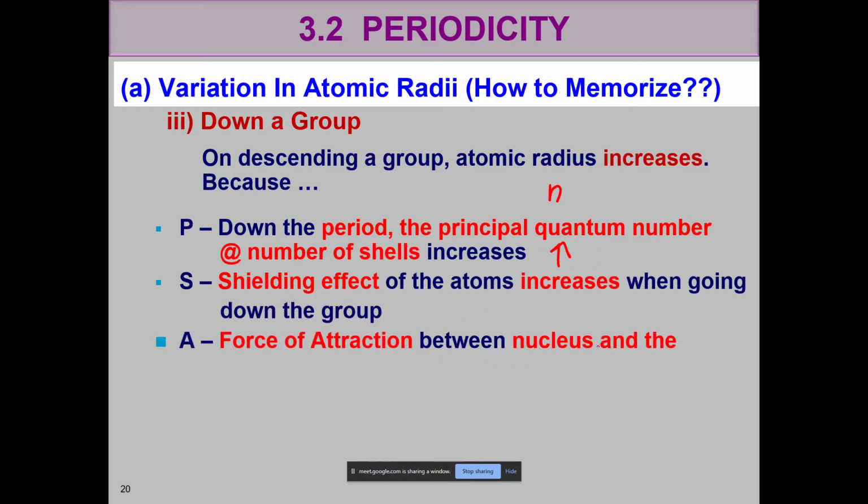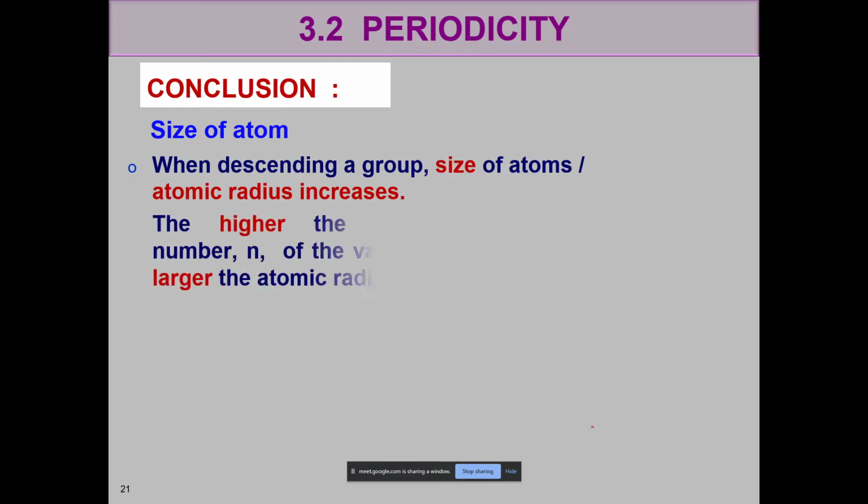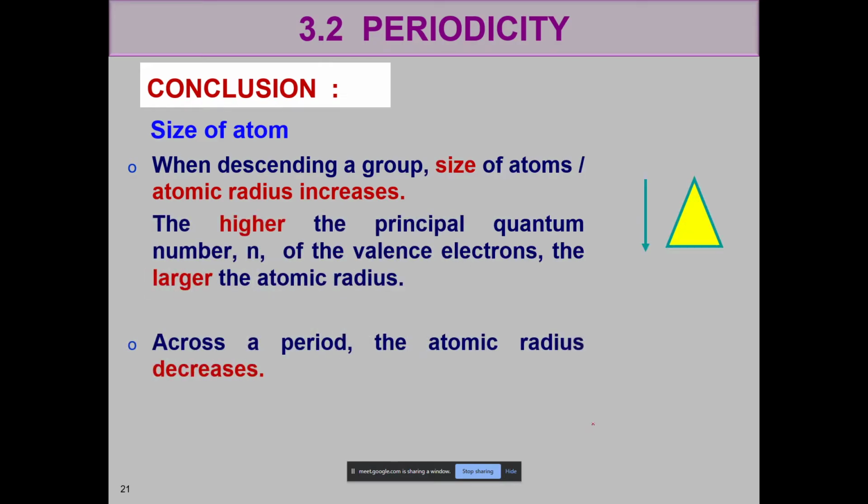So the force of attraction between the nucleus and the outermost electron getting weaker. So the size jadi increase lah, sebab proton tu dah tak boleh dah nak tarik elektron yang dekat luar tu. Okay, so going down the group, the conclusion, going down the group, size increase.